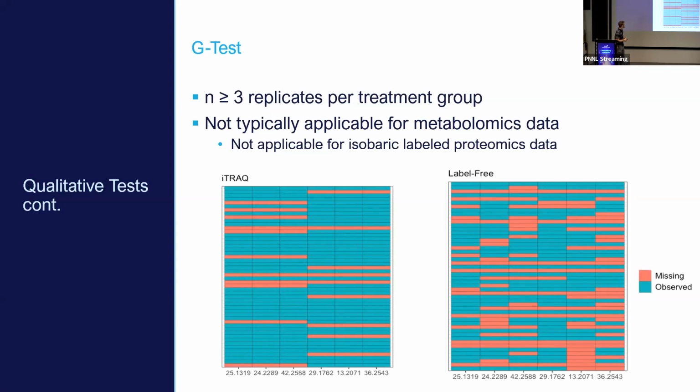Whereas if we notice here on the iTRAQ, which is isobaric labeled proteomics data, if you have a missing value, it's likely to be missing for almost the entire group or even all samples. And if it's observed, it's going to be in almost all of them, or at least within each group. So because of the way that missing values are often observed and not observed in isobarically labeled proteomics data, it doesn't make sense to run a G test.